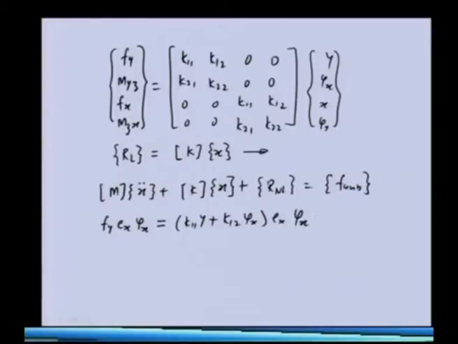Now you can see this is an angular displacement, this is a linear displacement, this is a linear displacement. So the product of these will give us the nonlinear term. Similarly, the other expression will also give a nonlinear term. We are dealing with a linear system, so we will drop these terms. We can neglect these terms because we are dealing with a linear system.